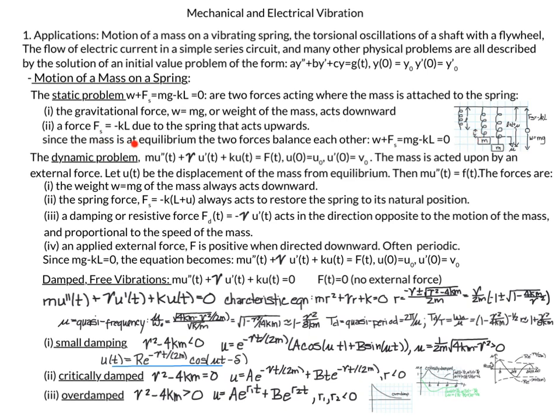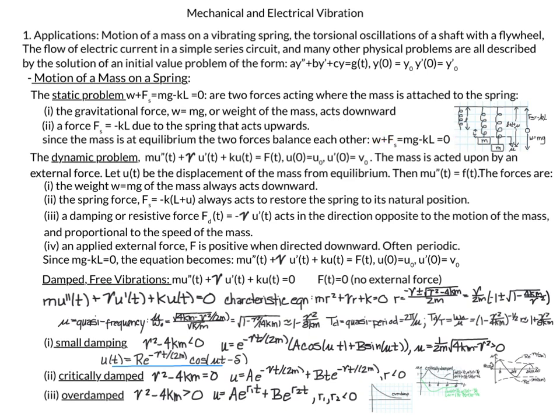And again, if the system is at equilibrium, the two forces, gravitational and spring force, balance each other, and W plus Fs is equal to 0.